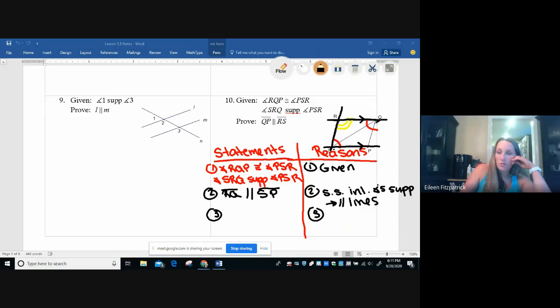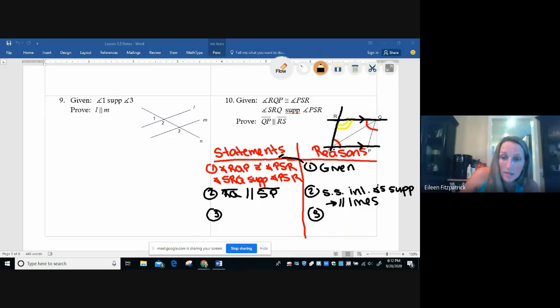Okay. Then from there, if these lines are parallel, keep in mind what we're trying to prove. We're trying to prove that QP, this line over here, and RS are parallel. So if these lines are parallel, what else does that mean? Or actually, I just saw something else we could do. Let's look at the two given statements above. I'm finding a faster way to do this problem as I'm staring at it.